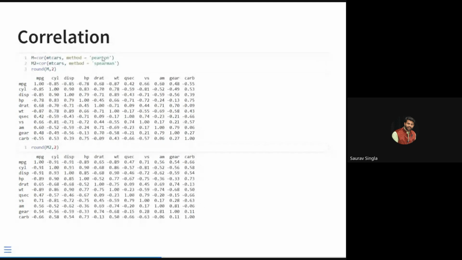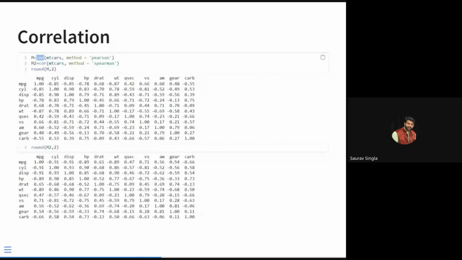What I have done in this: in object M, I have stored the correlation of the dataset mtcars. mtcars is a built-in dataset that is available in R software.